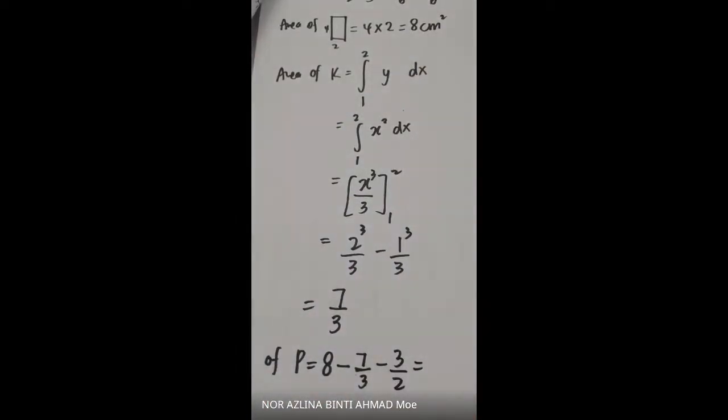So what is the answer? Ada ternampak pengiraan saya tersalah kira ke apa, terus bagi tahu. Takut saya careless. So 8 minus 7 over 3 minus 3 over 2. The answer is 25 over 6.